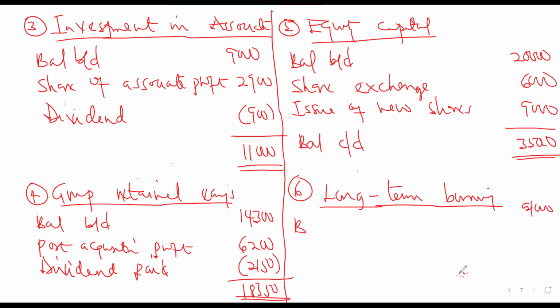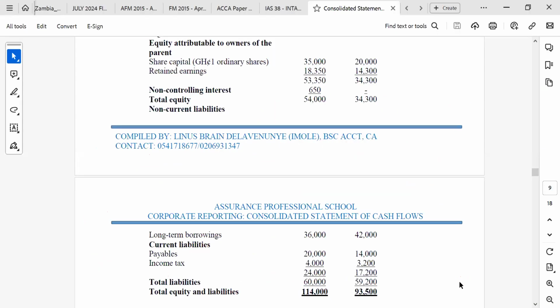So we have the balance brought down. What is the balance brought down for the long-term borrowing? 42,000. Okay, so we have 42,000.